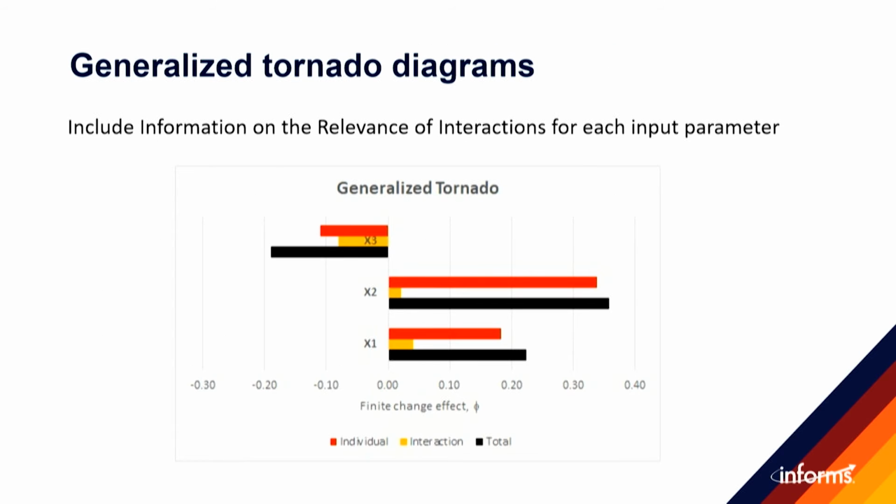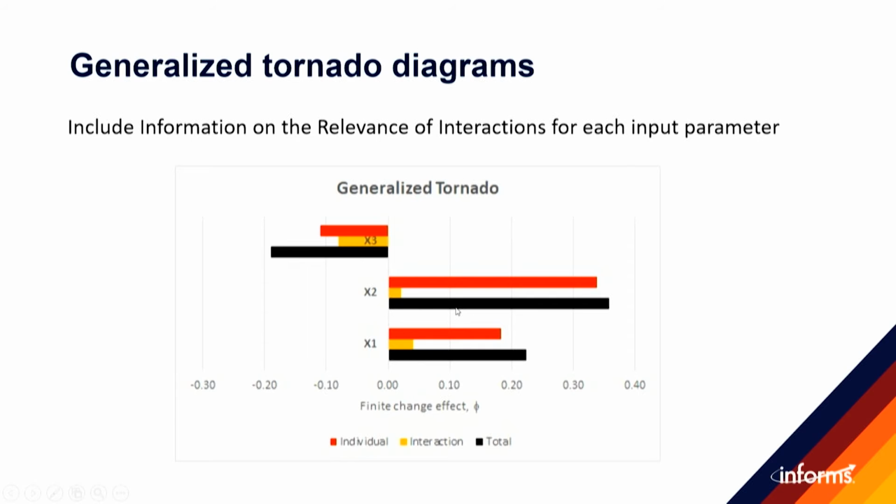Thank you. And what would you get? So if we look at this graph here, what can we get? We get an idea of how important the variables are, which is the magnitude of the bars, of course, and I see x2 seems to be the most important variable. We also can understand what its importance is. Its importance is mainly individual, with a small interaction effect with the other one that contributes a bit.